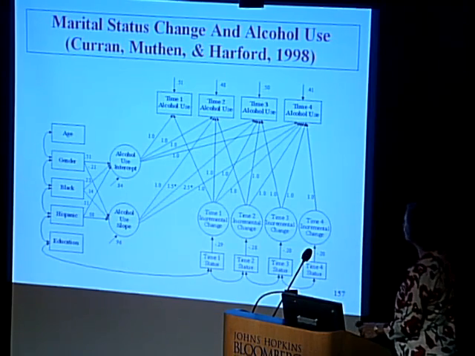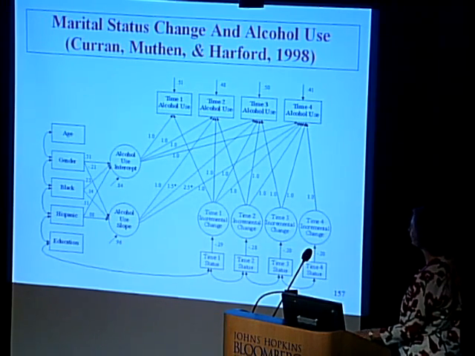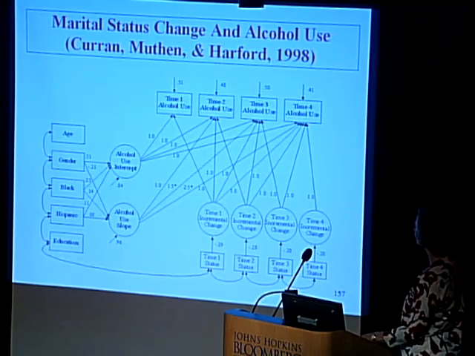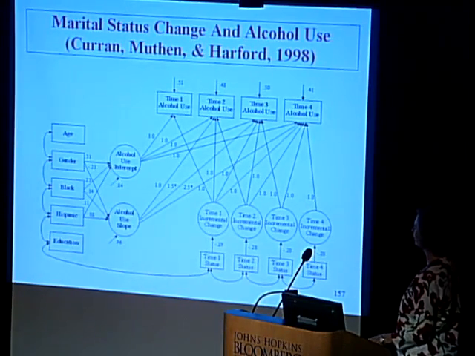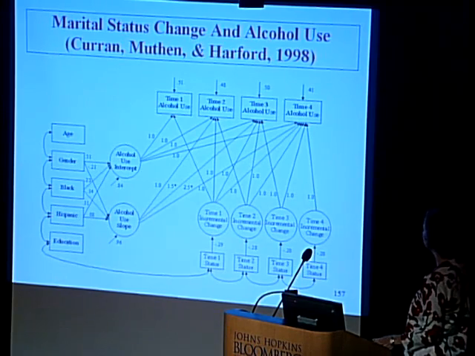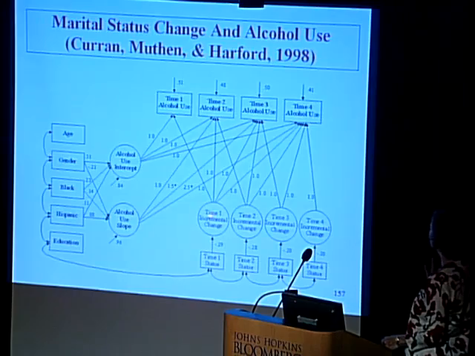The status change part of the model is represented here with the circles and the squares in the bottom right part of the path diagram. And let's just look at this and think it through and think how we would do this. So we know the circles are latent variables.